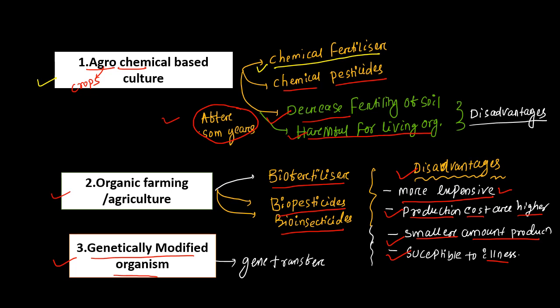Genetically modified organisms are mostly produced by transferring genes from plant to plant, plant to animal, or plant to microbes, introducing foreign genes into a particular plant, animal or microbe. These are genetically modified crops.